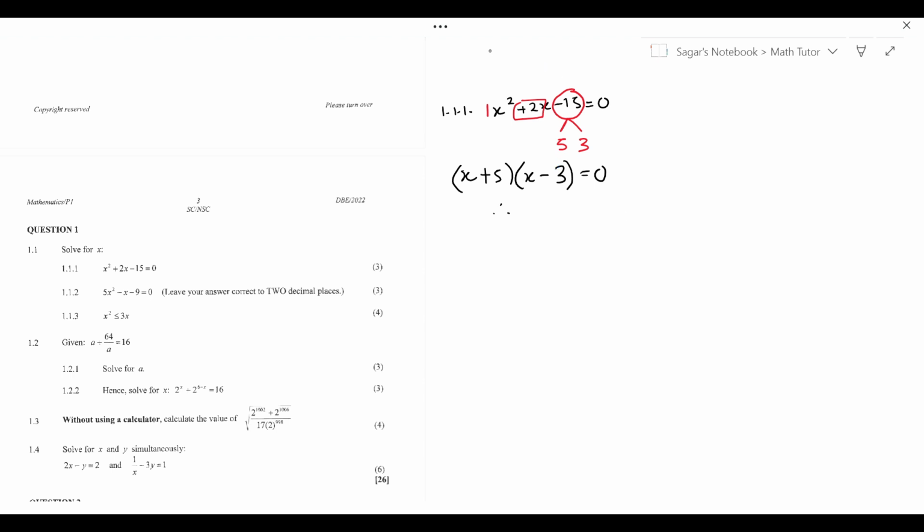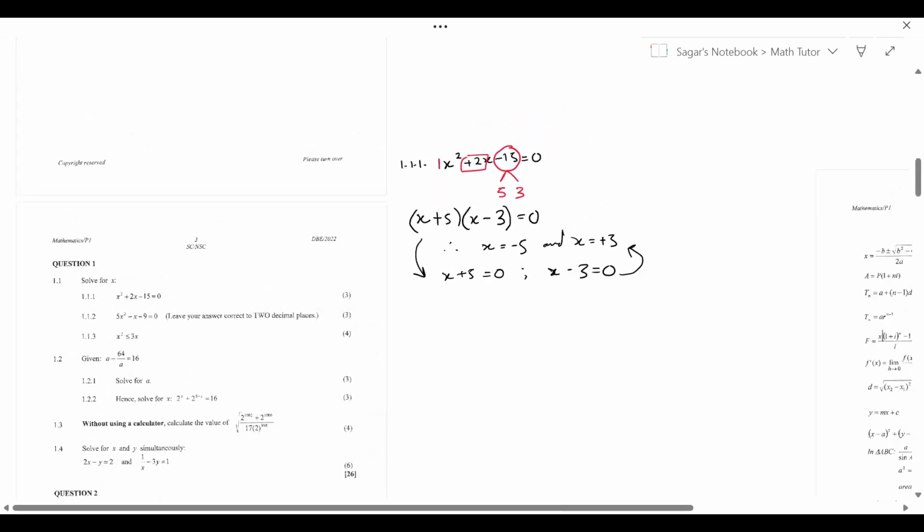Therefore, x is equal to minus 5 and x is equal to positive 3. You can also show this step, which is not necessary, but just in case, for surety. And then we end up with the final solution.